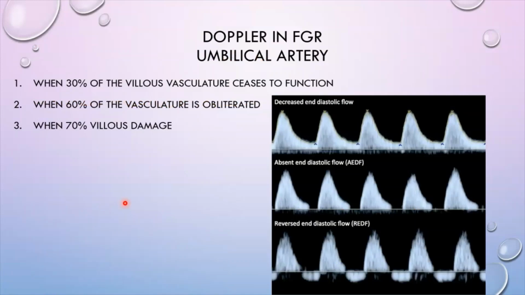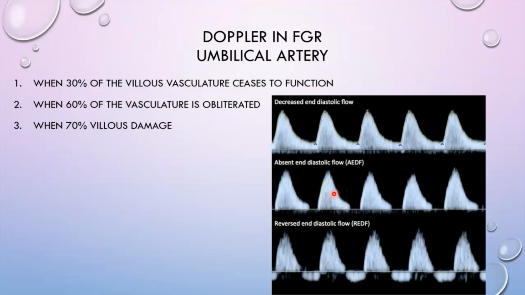Now, second application of Doppler is in fetal growth restriction in the umbilical artery. Friends, as you can see in this photograph, as the disruption of the villus vasculature increases, there are changes in the diastolic flow in the umbilical artery.